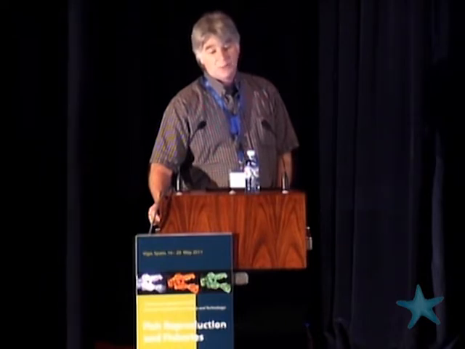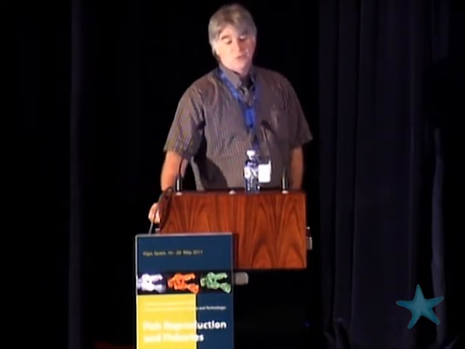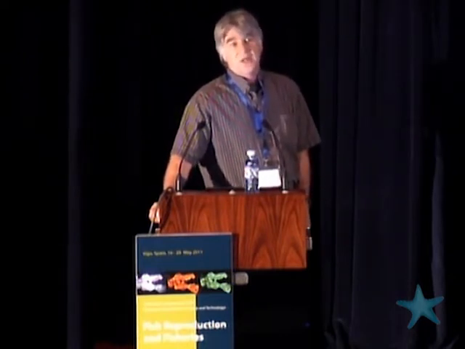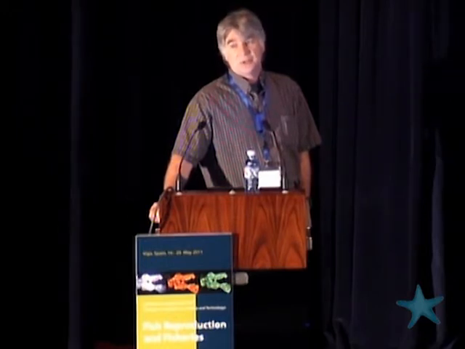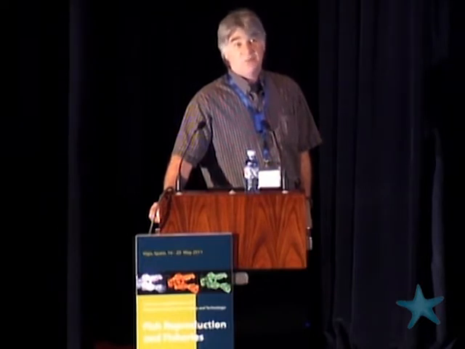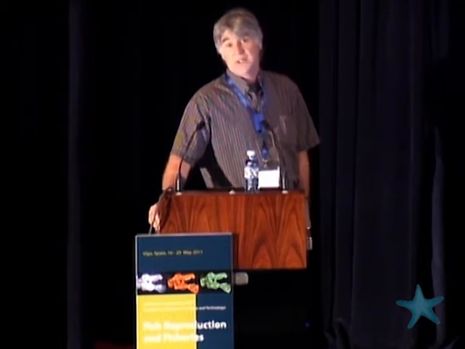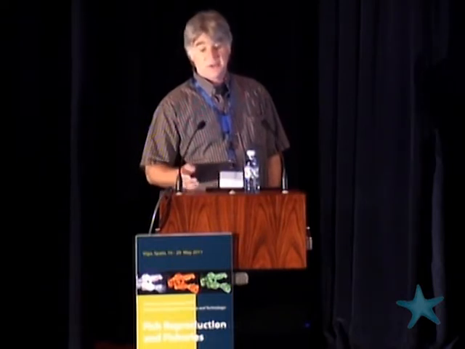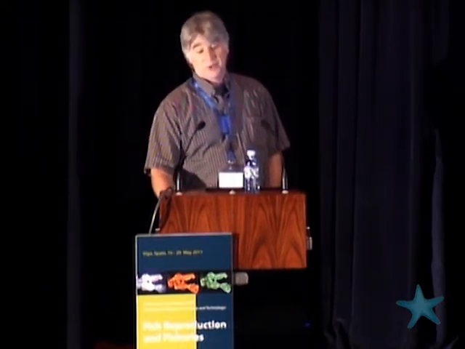Between 86 and 96, the mortality was increased to 0.4 for different reasons, and one of those reasons was that during the moratorium that was put in place between 94 and 97, when people were examining the catch curve from the abundance survey, they estimated that the total mortality was around 0.5 or 0.6, and that there was no fishing during that period. So it was clear that the natural mortality had increased during that period. So for that period, they set the mortality at 0.4.